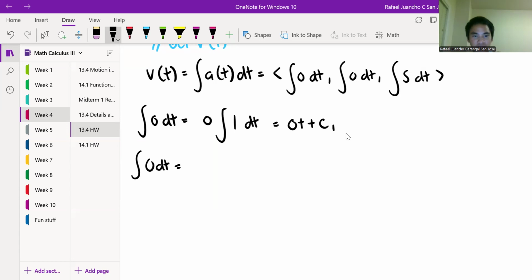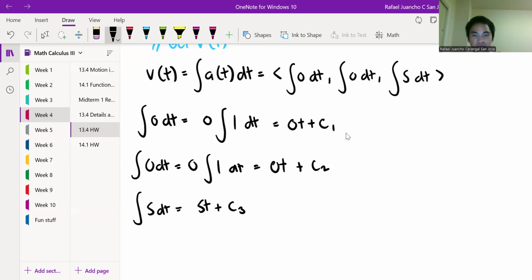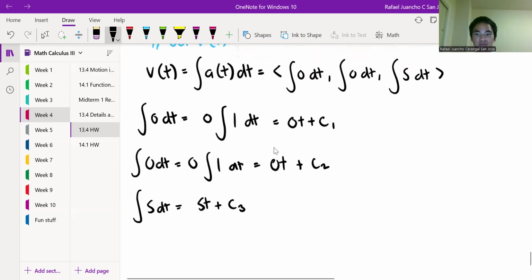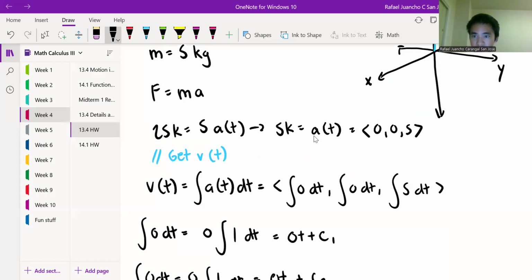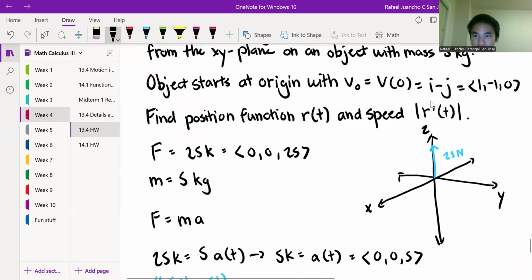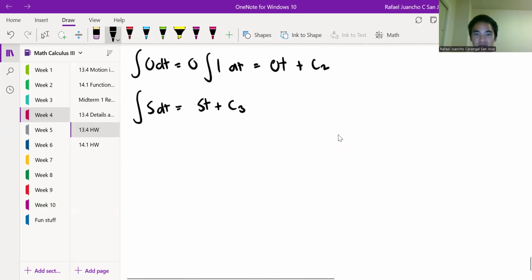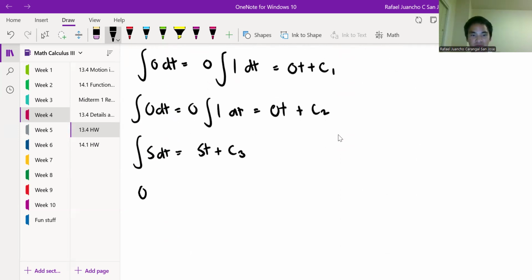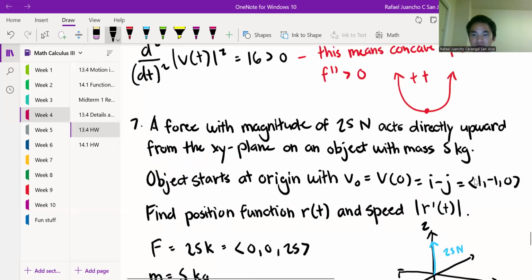I find this a bit confusing. This one's just 5t, right? And here we find the constants. How's that going to go? Well, we got 1, -1, and 0. We plug 0 for t. And so 0 of 0 plus C1 is equal to 1.